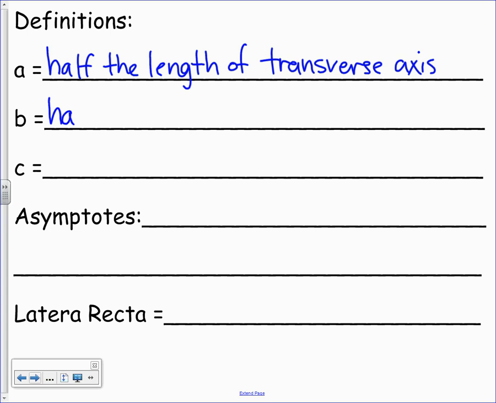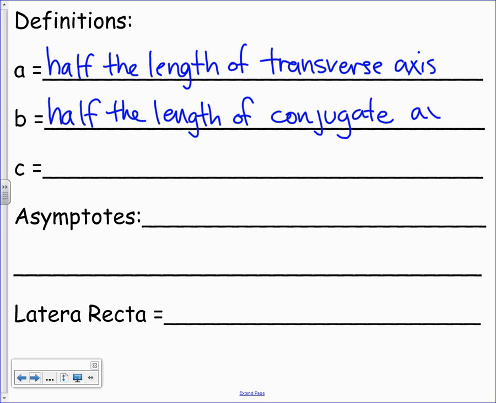B is going to be half the length of the conjugate axis. C is the distance from your center to a focus.